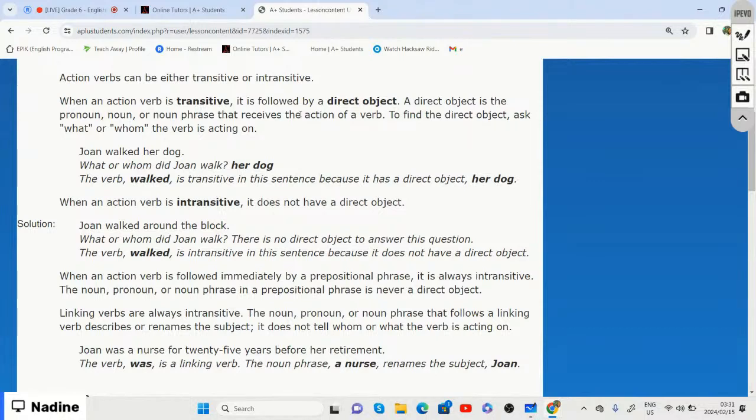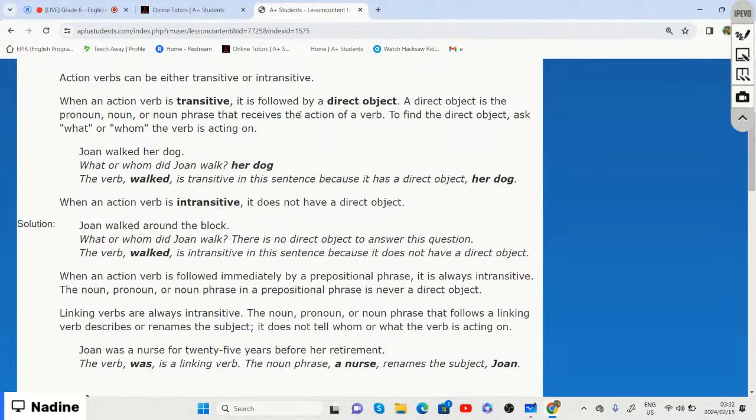And when an action verb is followed immediately by a prepositional phrase, then it is always intransitive, right? There's no direct object. The noun, pronoun, or noun phrase in a prepositional phrase is never a direct object.